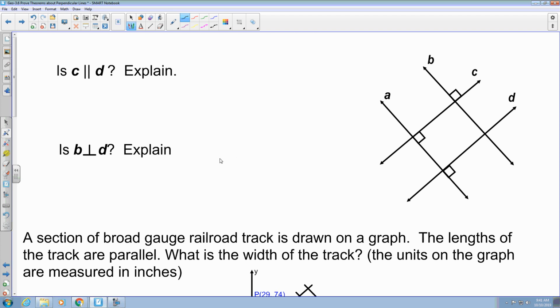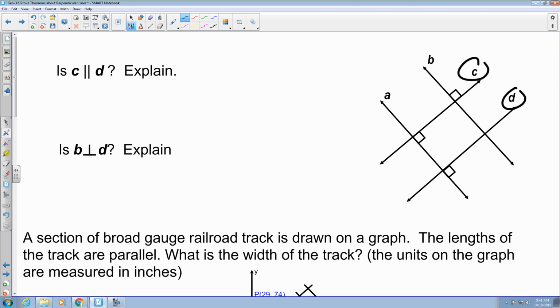Okay, so here we have a diagram to the right. We have some right angles here. We have lines that intersect each other. So we want to know, is C parallel to D? We want to know if C is parallel to D, and they want us to explain.